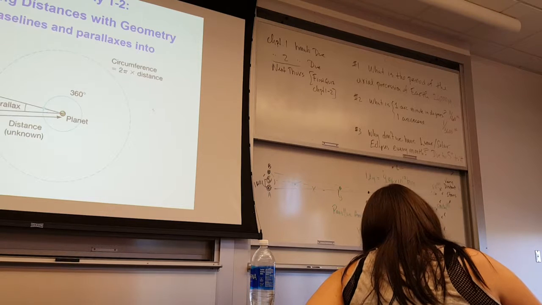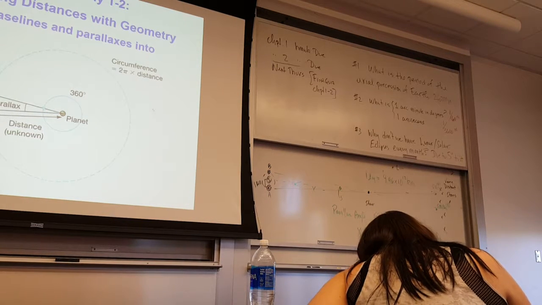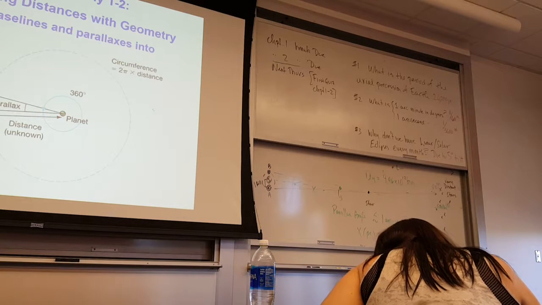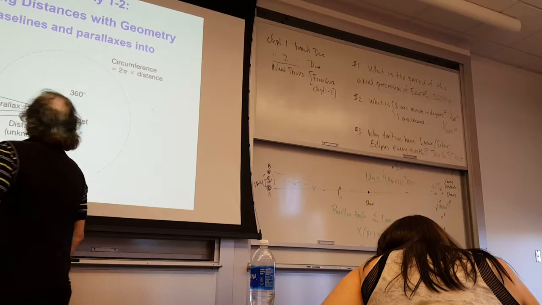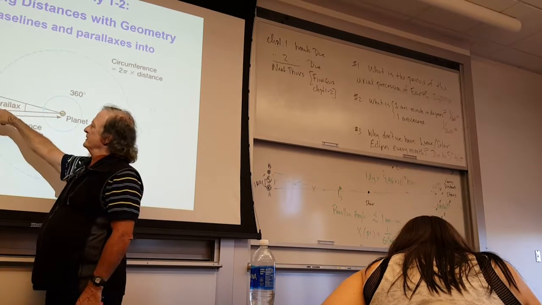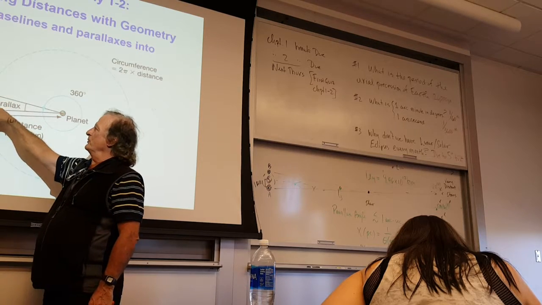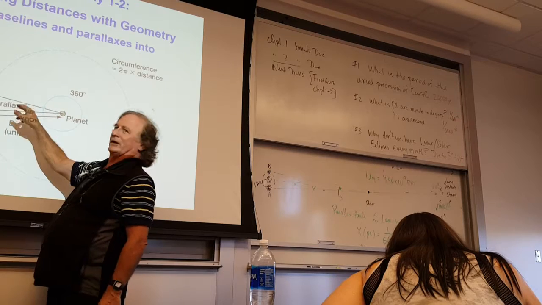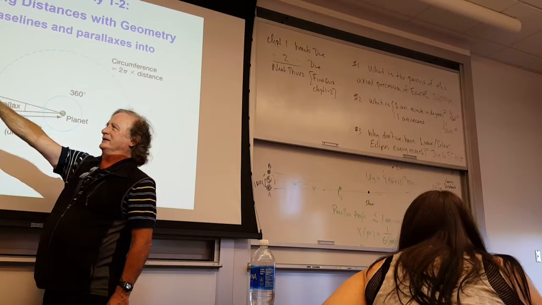Now, in fact, this is more about angular diameter. For example, I can look at something out here, like the moon. Say the moon is a certain size, and it has an angular diameter. We call that the parallax angle, but it's basically the diameter.